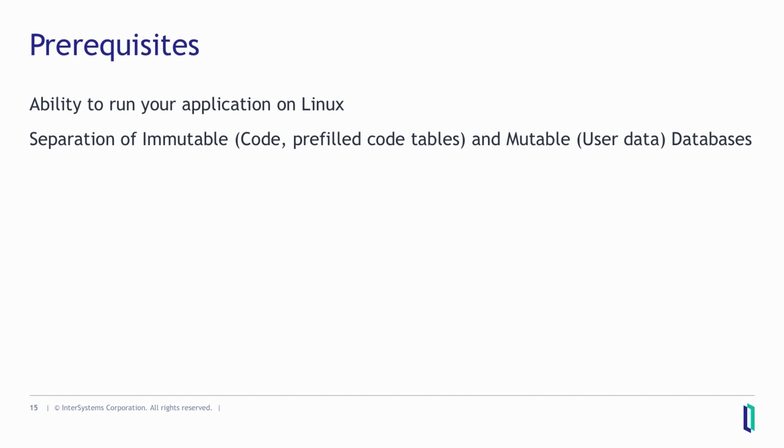For example, you have some prefilled code tables that the user can change afterwards. That means you have to ship some standard stuff, but then you have to preserve it. So it's not black and white all the time, but you will have to divide those two types of data in your database for it to work.